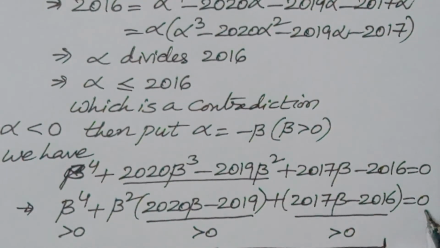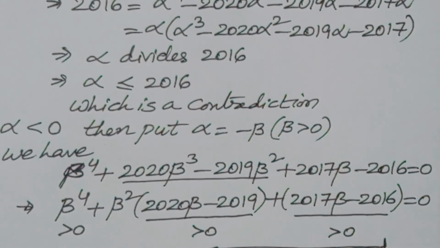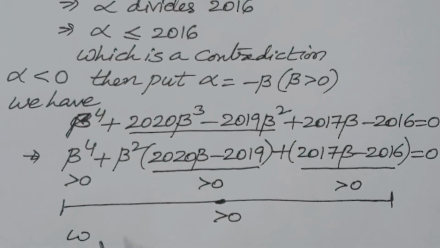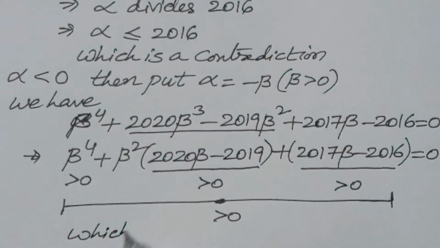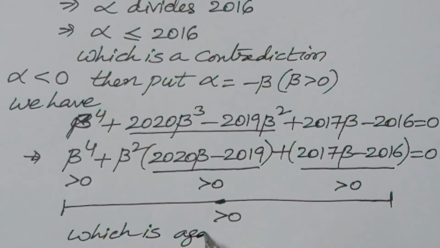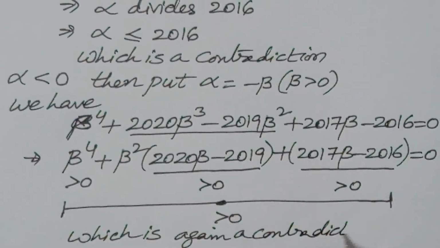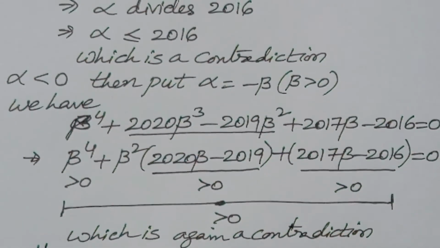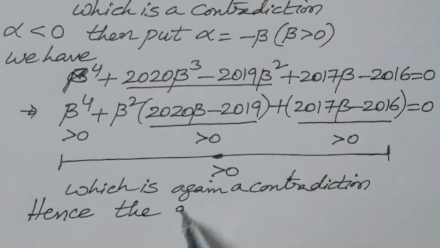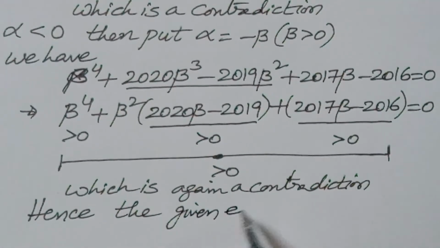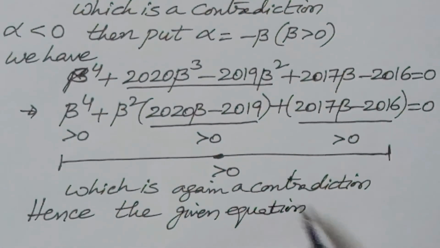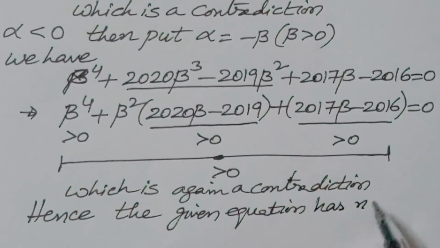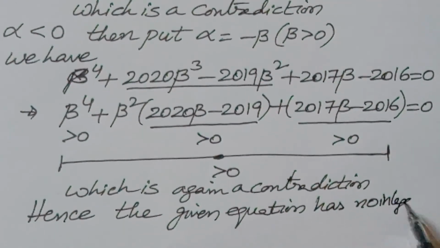But here you have to get equal to 0, which is a contradiction to our assumption. Hence the given equation has no integer solution.